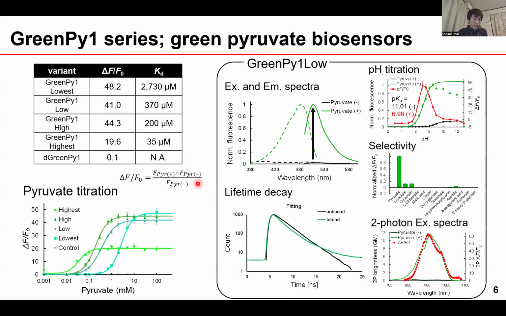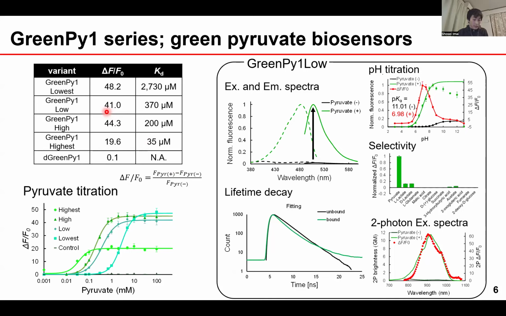Furthermore, we created affinity variants because intracellular pyruvate concentrations range from tens to hundreds of micromolar depending on cell types or tissue types, and can be even higher in certain metabolic disorders. Therefore, by modifying the putative binding pocket of PDHR and surrounding residues, we obtained 4 variants with different affinities but similar properties.